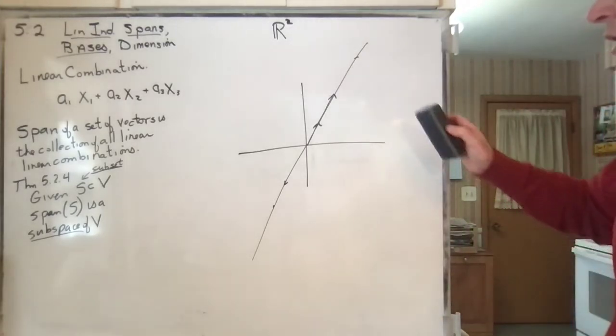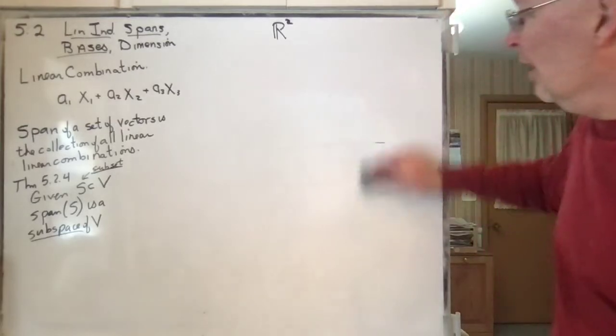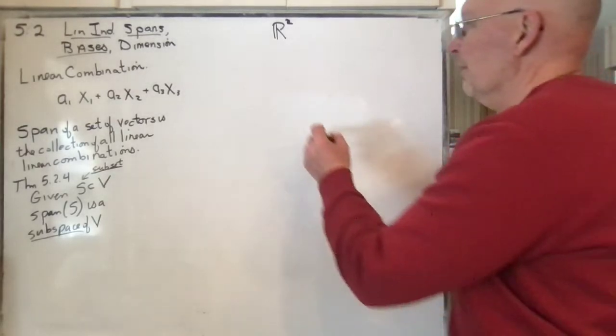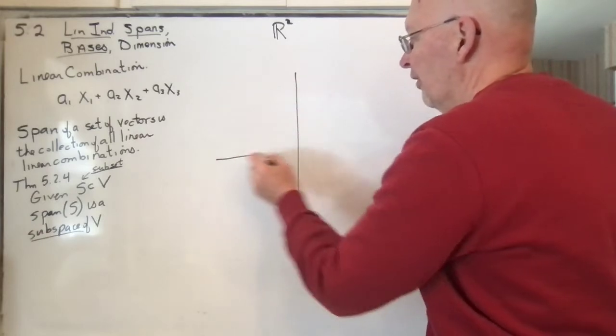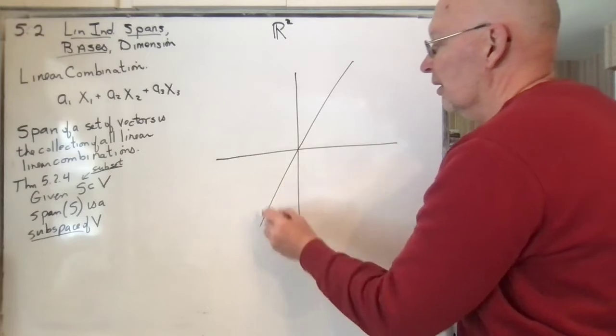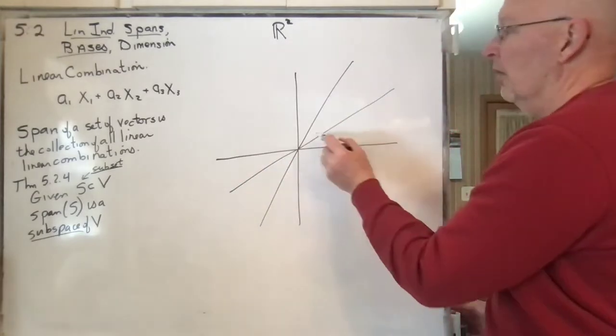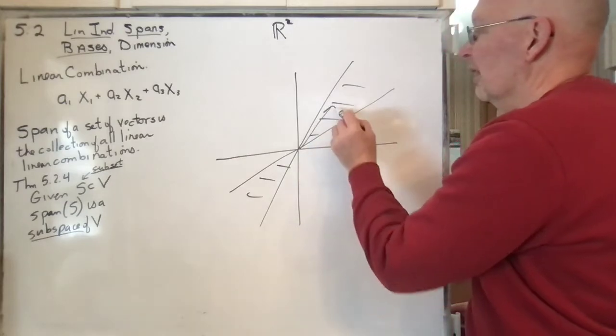So that's good. So that is a subspace. Okay. What about all the things between these two lines? Okay, all the vectors that are in here.